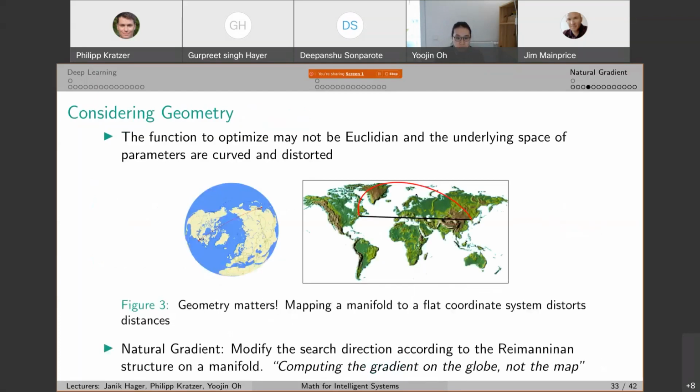So this problem is exacerbated when you have a function not in a Euclidean space, but some other space, a multi-dimensional space. For instance, let's say we have a map and we want to find the shortest distance that will take us from, say, Boston to Korea. In a 2D map that's mapped over a Euclidean space, the shortest distance would be a straight line from Boston to Korea.